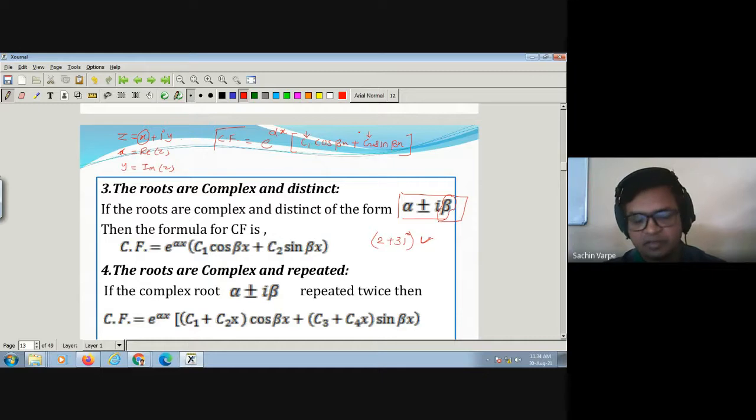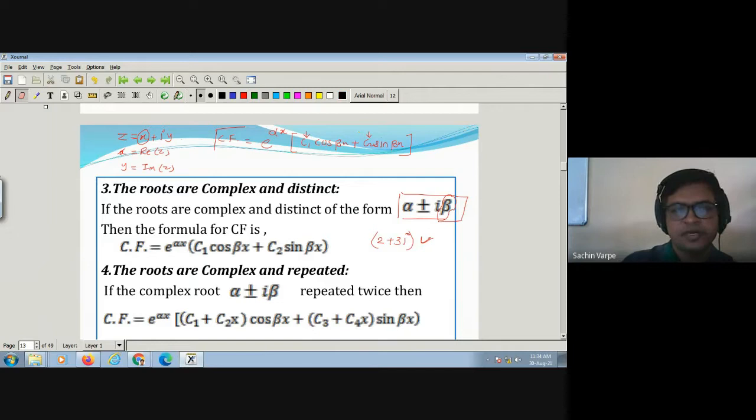You must have heard that if alpha plus i beta is a root, then its conjugate also will be a root. Complex numbers always come in pairs. So for any equation, if you are getting a complex number as a root, then its conjugate is also a root. If alpha plus i beta is a complex number, then alpha minus i beta is called its conjugate.